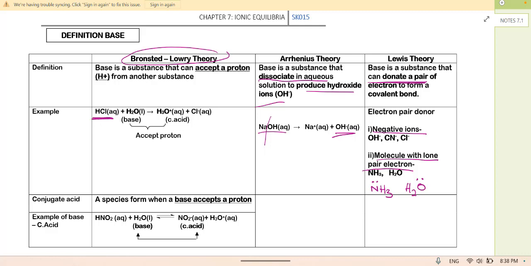HCl is an acid, so HCl will donate H+. In this case, water is acting like a base because it accepts the H+, becoming H3O+. The product when it accepts H+ we call the conjugate acid. So base and conjugate acid are a pair.